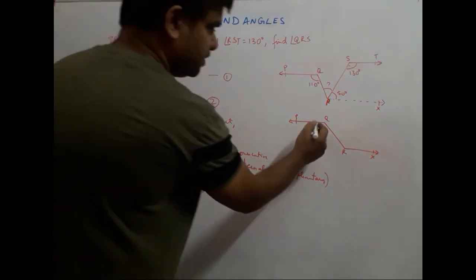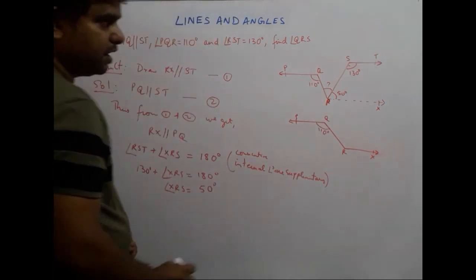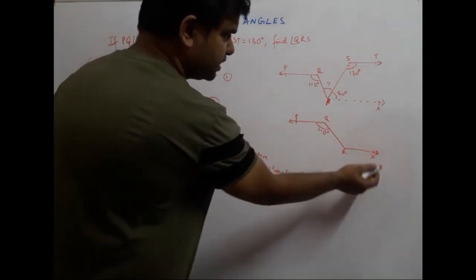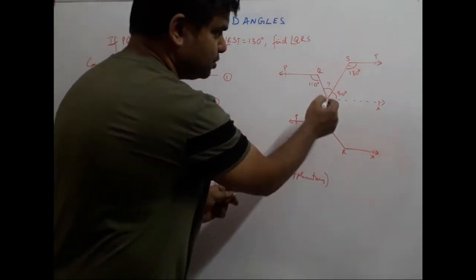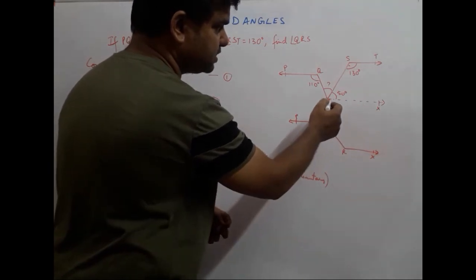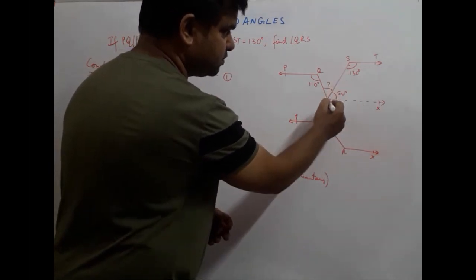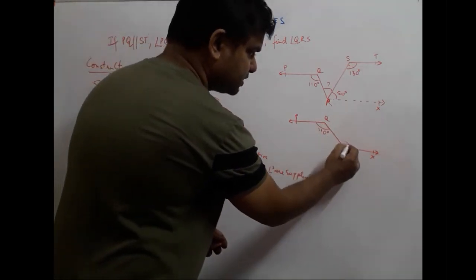We have been given this particular thing as 110 degrees over here, and now there is the entire angle QRX. The reason why I drew it separately is because you will get confused, as there is QRS over here, and we've just finished getting XRS over here.